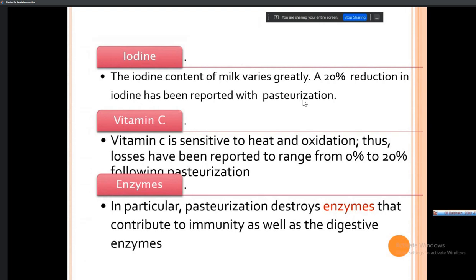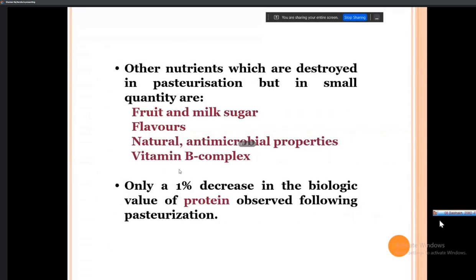If you pasteurize citrus fruit juices, then in particular pasteurization destroys these intrinsic enzymes that contribute to immunity as well as the digestive enzymes. So these changes are associated with pasteurization, and these are not highly desirable in the sense of human health.